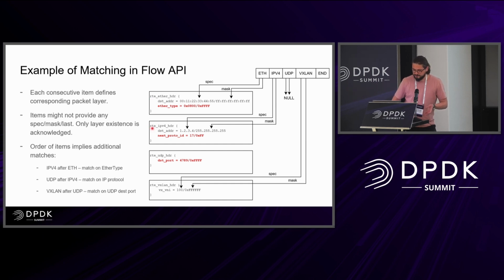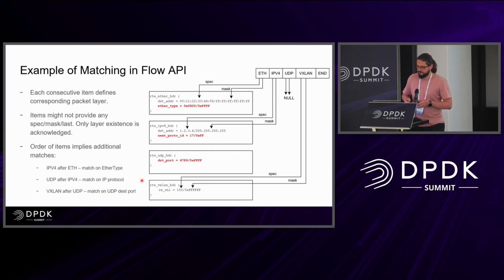The IPv4 item defines the destination IPv4 address, and the VXLAN item can define the expected VNI value in the VXLAN header. As you can see, in the Flow API there is a requirement that the pattern itself resembles the structure of the packet. So the items are ordered as the headers are ordered in the packet itself. There are also some implicit assumptions.